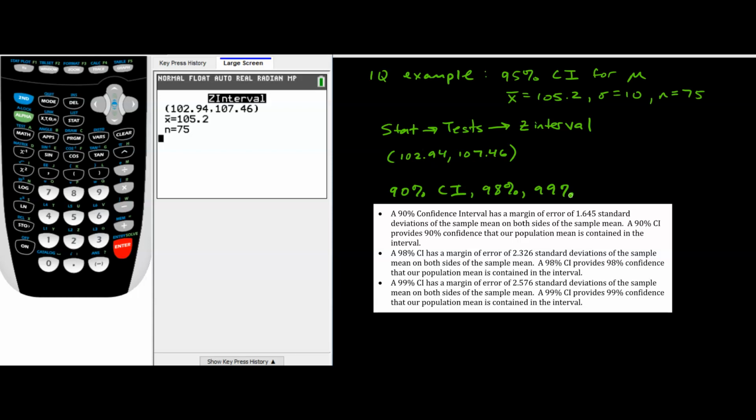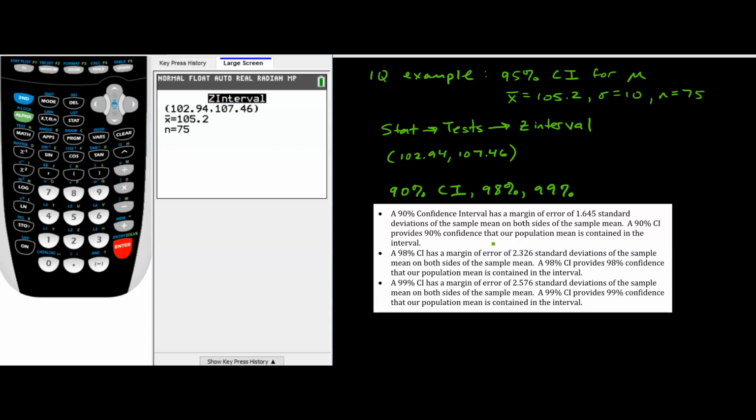Everything ultimately goes back to that empirical rule, and you would be looking at, for instance, with a 90% confidence interval, 90% of your data in a normal distribution would be within so many standard deviations of the mean, and that would impact one of the key values, the margin of error, in that confidence interval formula.